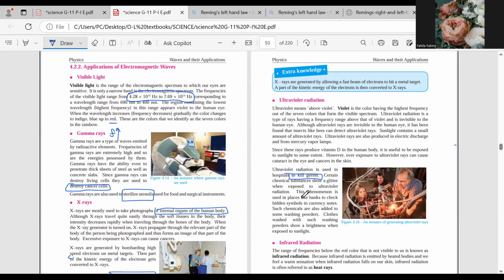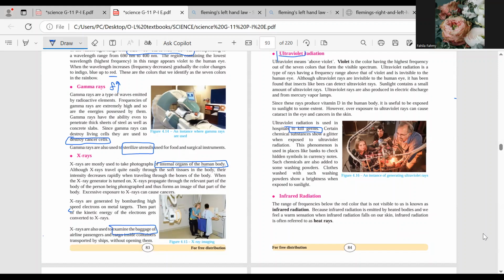Normally mattresses, the pillow, and things you can't wash, what will your aunties tell? Put them in the sun. Why? Because sunlight has ultraviolet rays, UV rays. So the germs in them will get killed, right? Okay, so that's something for you to understand.